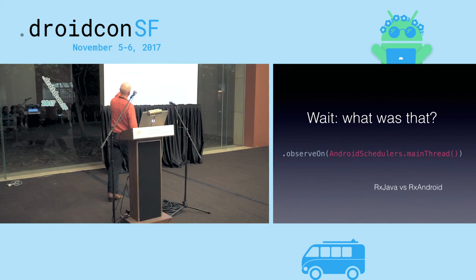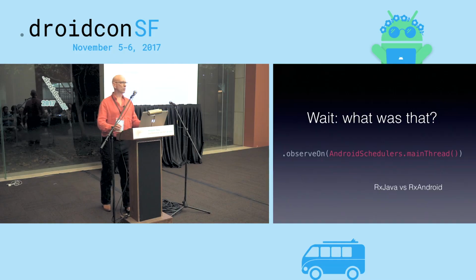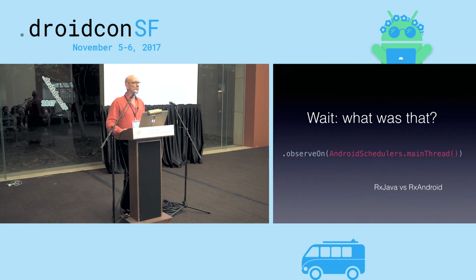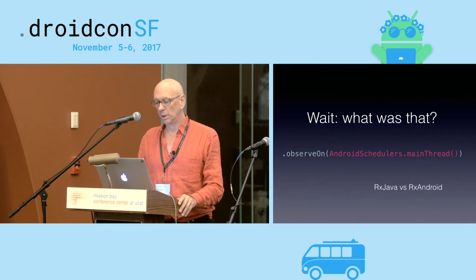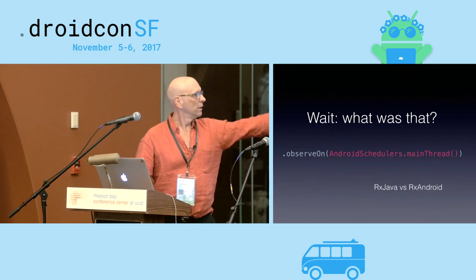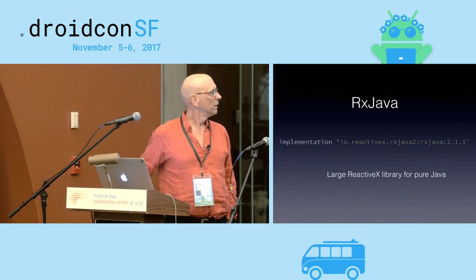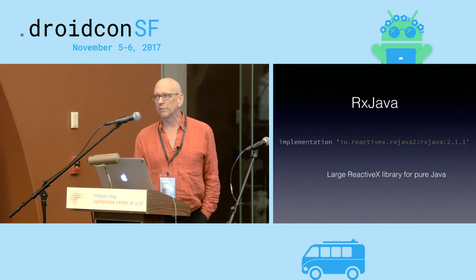Wait, what was that? What's this thing? This is the second question that sort of drove this talk. I see a lot of questions on Stack Overflow about what's the difference between RxJava and RxAndroid. The answer is pretty simple. RxJava is a big ReactiveX library.